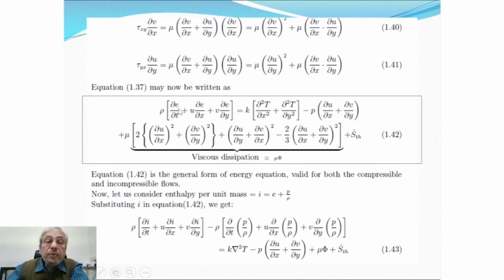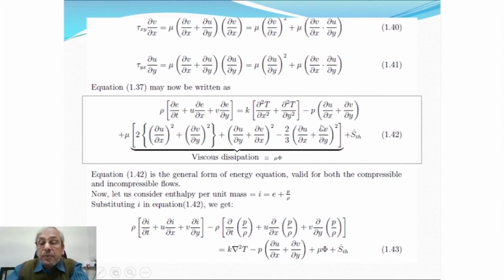In equation 1.42, we can write internal energy equal to Cv into T. So on the left hand side, E is substituted by Cv into T. On the right hand side, this term will be there. For liquid, that means we are invoking the conditions for incompressible flow, this will be 0. So this will be dropped. Here this will be Cv into T, and in the viscous dissipation also this will be dropped.